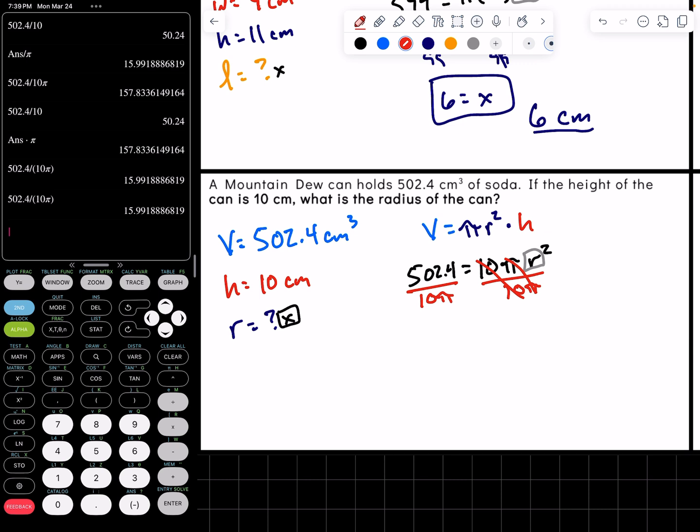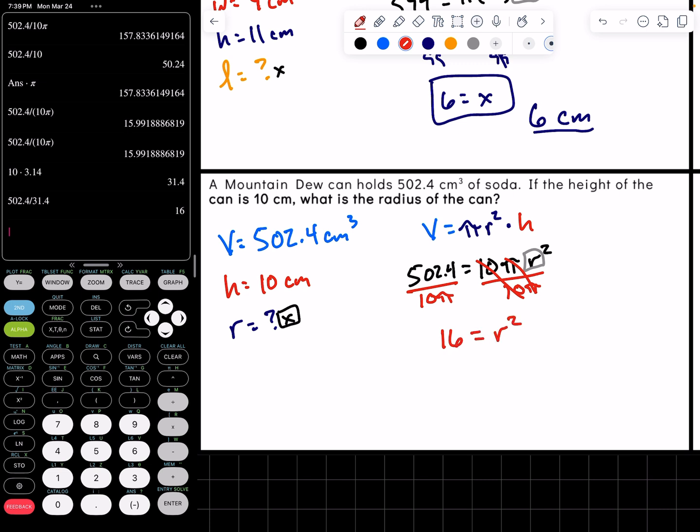The reason why I'm going to use 3.14, or round it to 16, is if I go 10 times 3.14, and then I divide 502.4 by 31.4, that would give me 16. So I'm going to go ahead and round ahead of time. It is going to make this problem a little bit simpler, and you guys will see that here in a second. So 16 equals r squared.